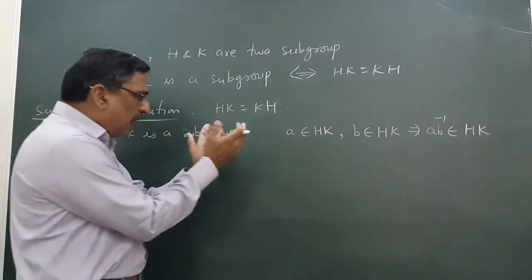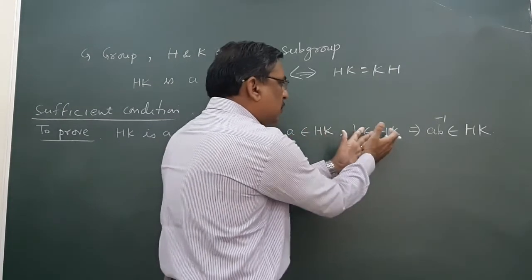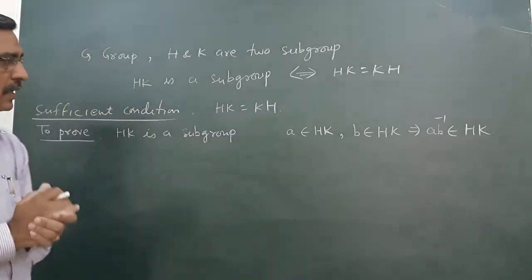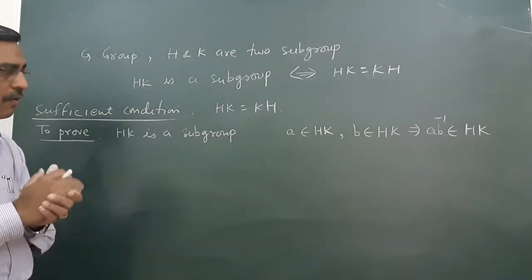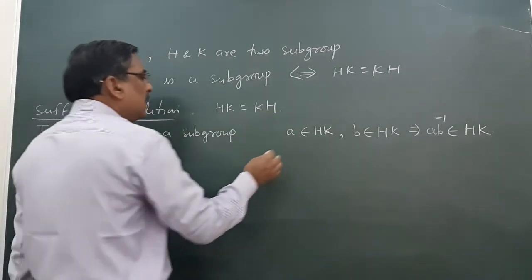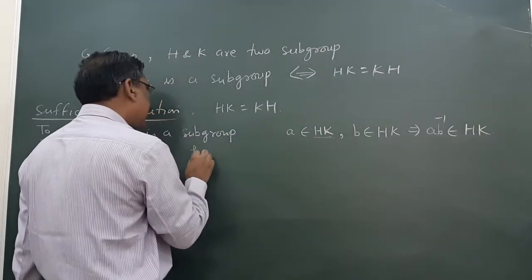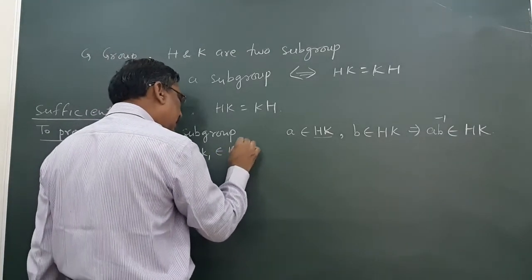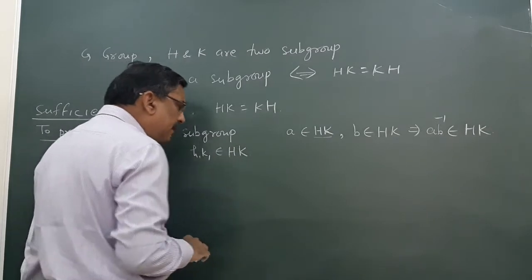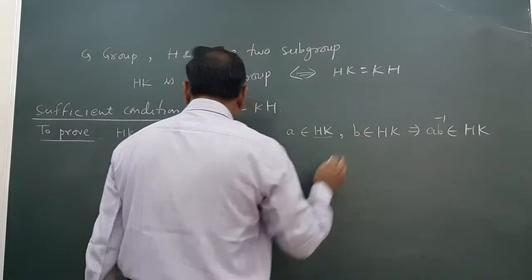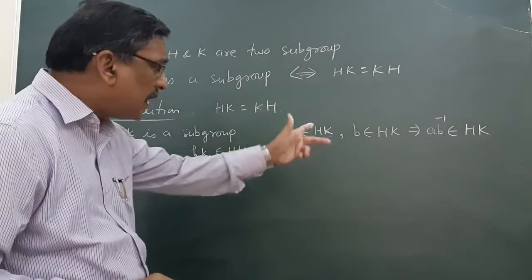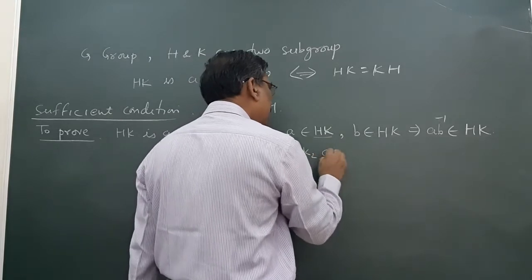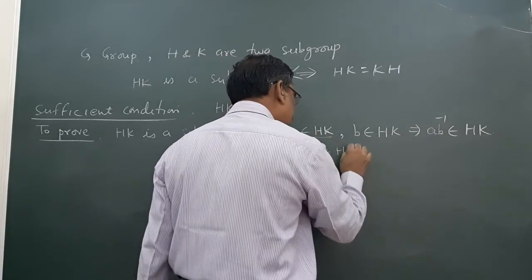So if A belongs to HK, B belongs to HK, and AB inverse belongs to HK, if we are able to prove this one, then what will happen? How can we prove this one? A is say H1 K1 belongs to HK, and B is any other element, say H2 K2 belongs to HK.